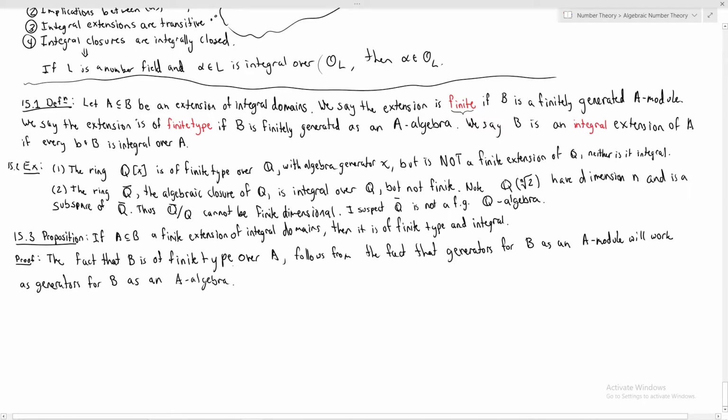One way to think about this: being finitely generated as an A module basically says that every element in B is an A-linear combination of some fixed finite list of elements in B. And being of finite type means that every element in B is not just an A-linear combination, but a polynomial with coefficients in A in these fixed finite elements in B. So being a finite extension is strictly stronger than being of finite type.